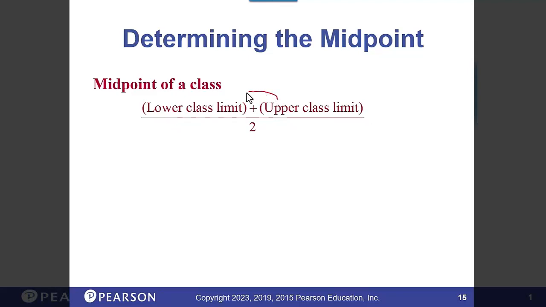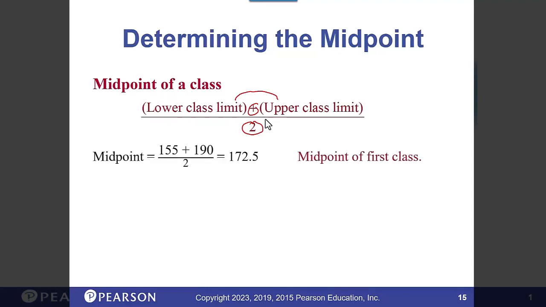These are from the same class. Add them together, divide the sum by 2, and that's the midpoint of your class. Examples coming up. So for the first class, it starts at 155, goes to 190, add those, divide by 2, the midpoint is 172.5.